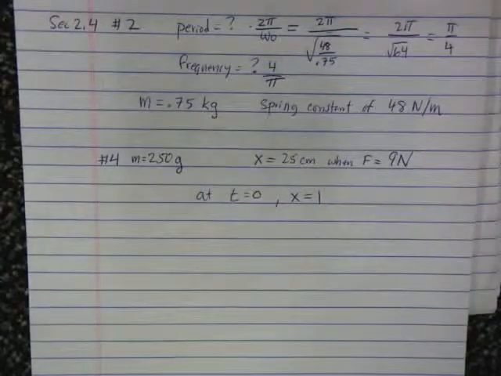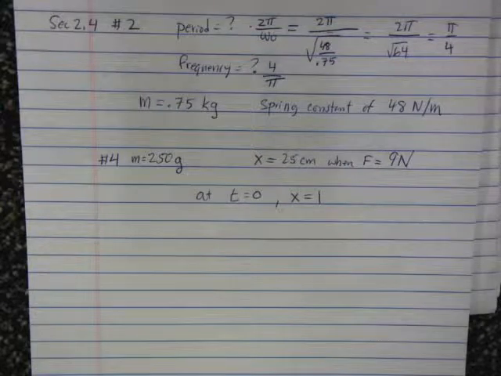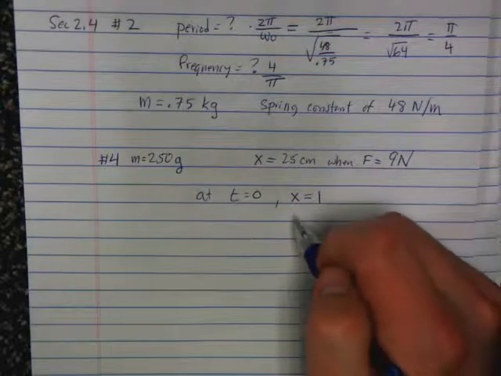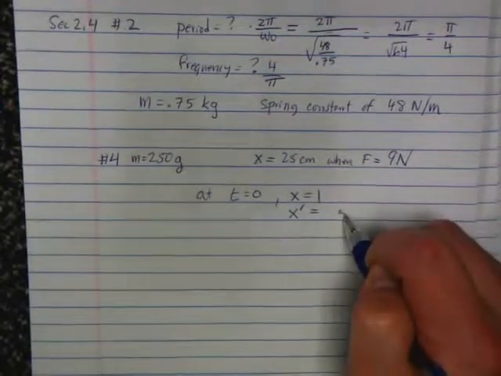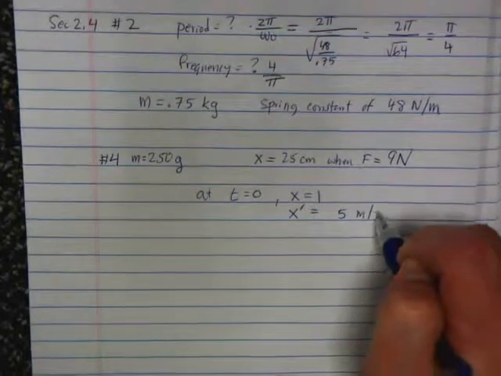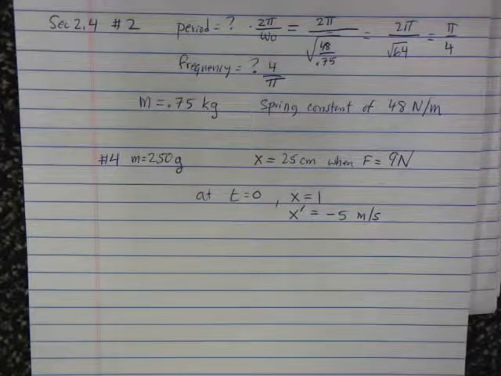So that would be X. X is my distance. And, well, I assumed right was stretching, but it does say stretching the spring. And set in motion with an initial velocity of 5 meters per second to the left. So that would be X prime is 5 meters per second to the left, which means it's negative, isn't it? Because stretching it was to the right, that was positive. If I'm pushing it to the left, that's negative.